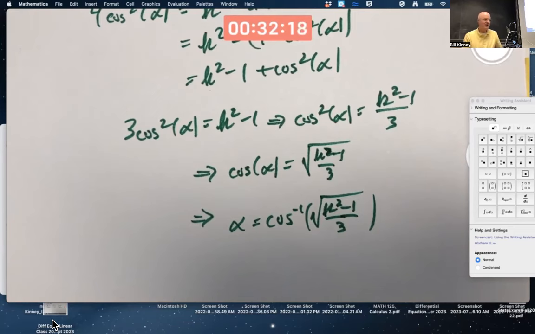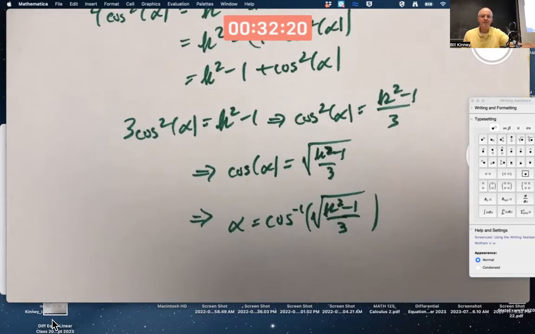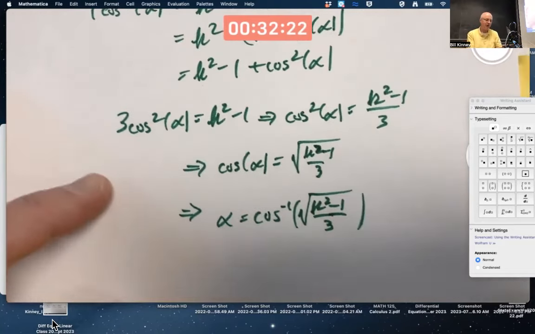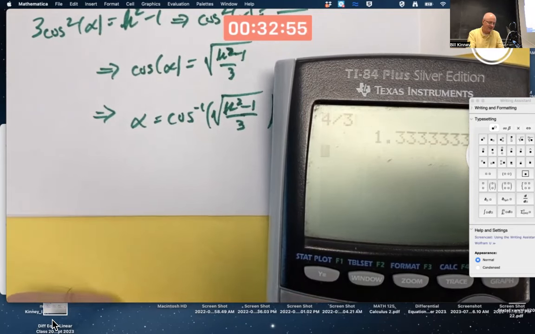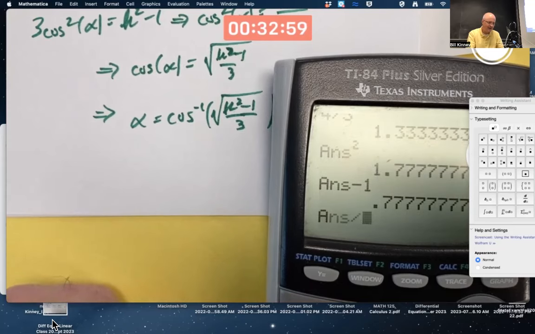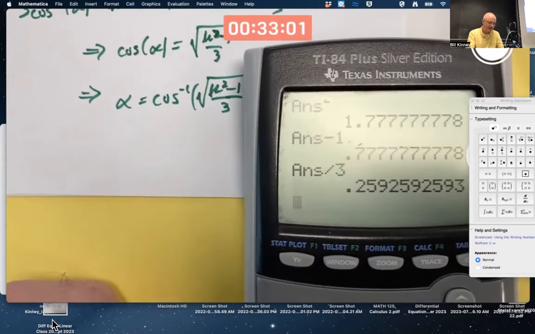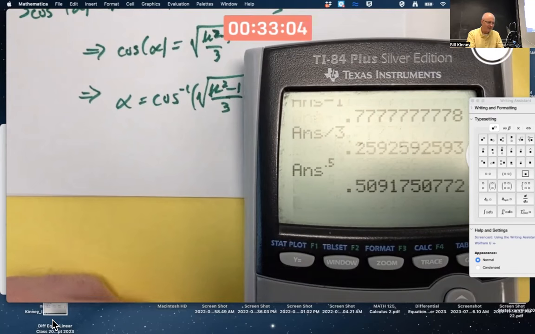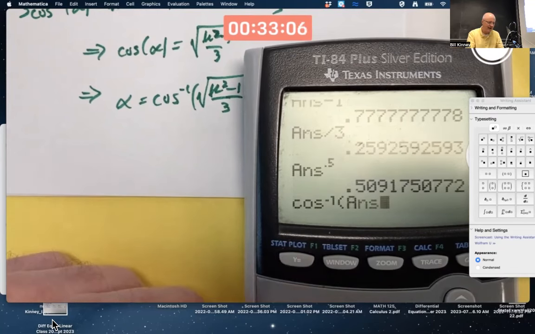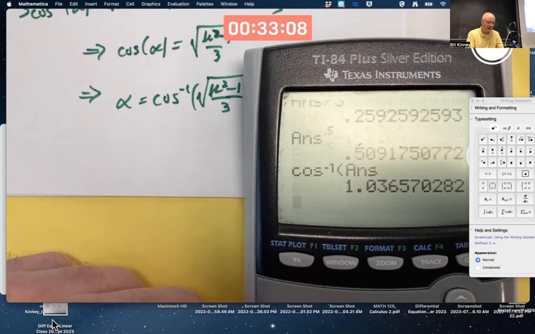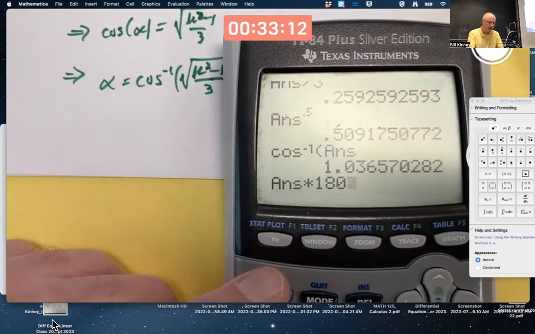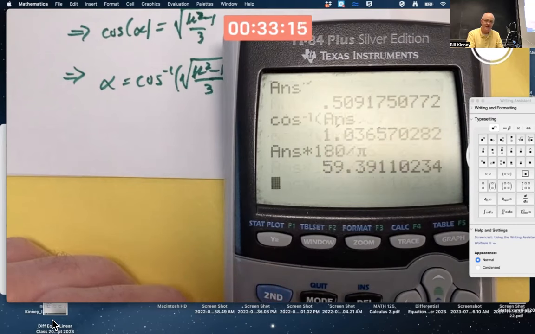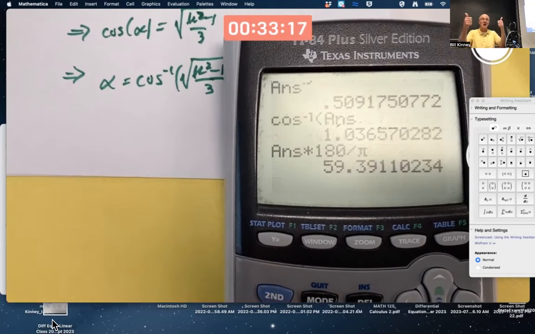Does it match the book's answer or the project's answer when k is 4/3? 4/3, square it, subtract 1, divide by 3, take a square root, then take the inverse cosine. 1.04 radians, how many degrees? Multiply by 180 over pi. 59.4 degrees. We got the right answer.